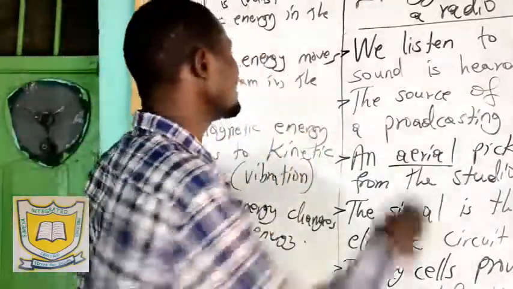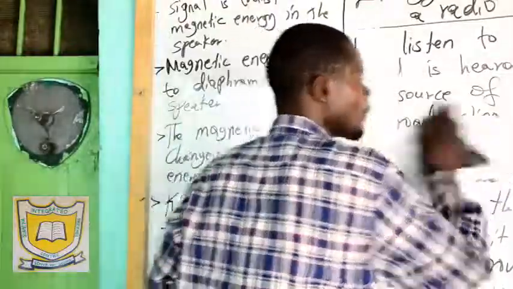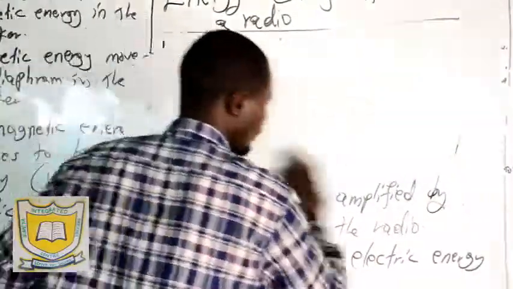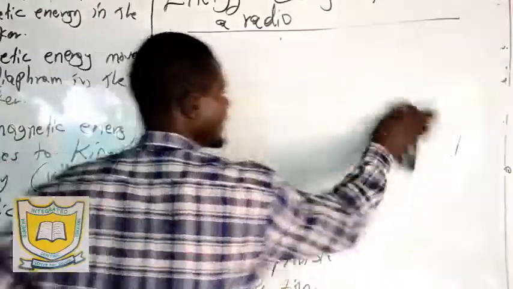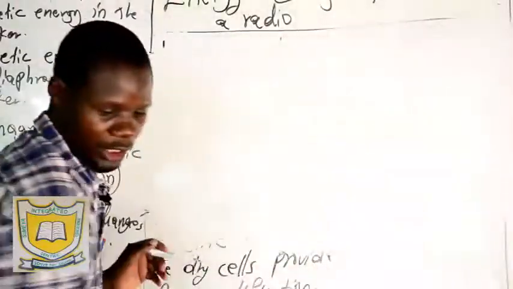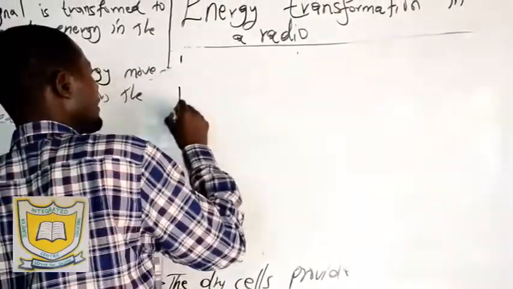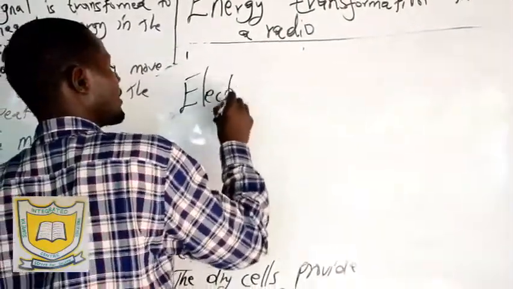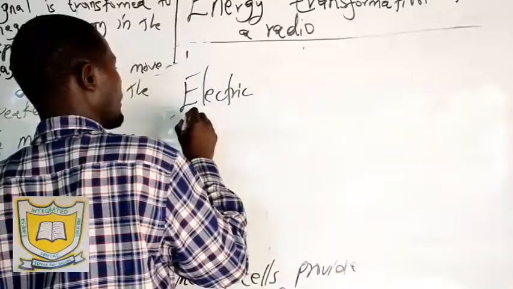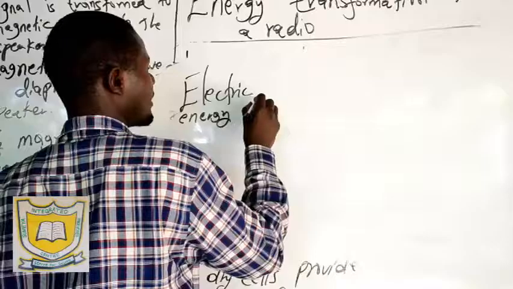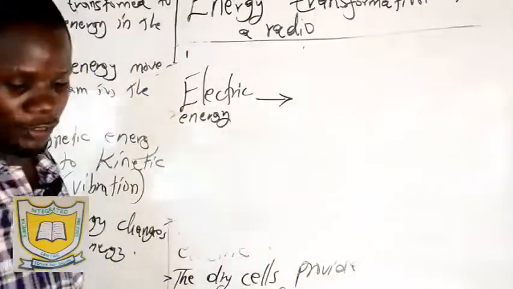Now what is this energy transformation in the radio? It will be stated like this. Energy transformation in a radio. We start with electric energy from the circuit of the radio.